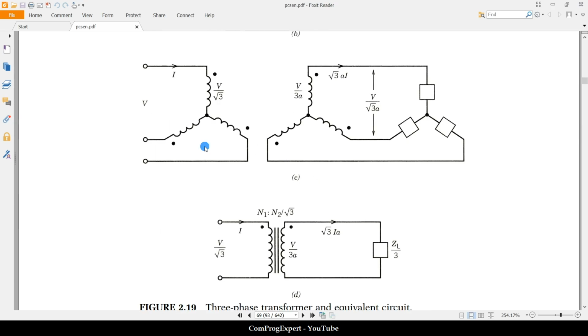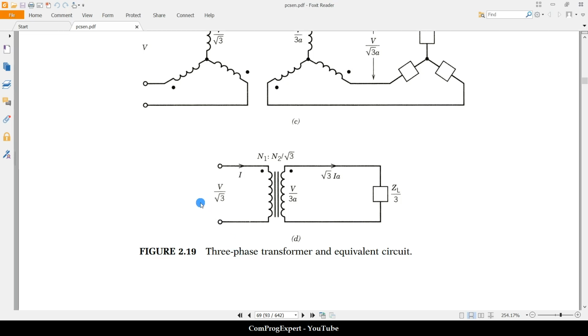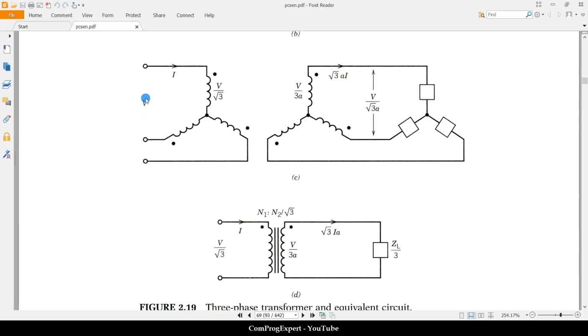Finally, I can generate this equivalent circuit model. You can see the value of the quantities. V is line-to-line voltage, the phase voltage is V divided by square root of 3. We have this turns ratio, and so on.